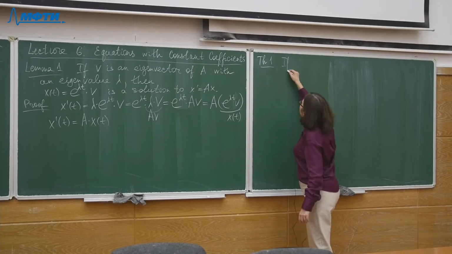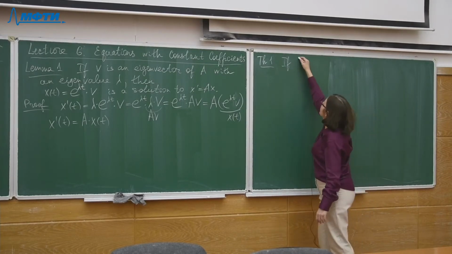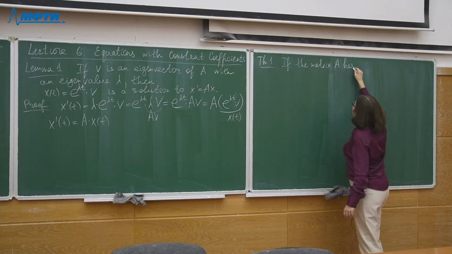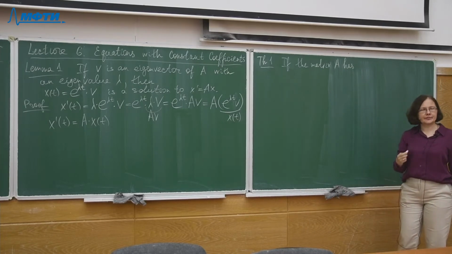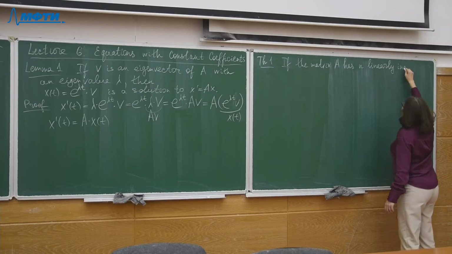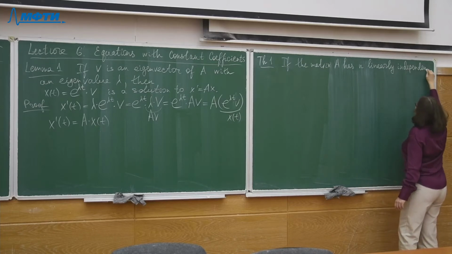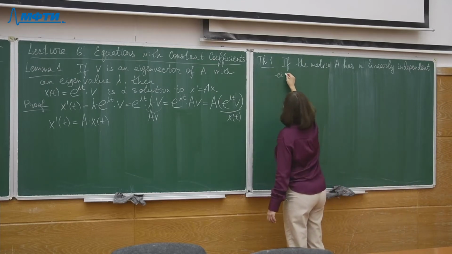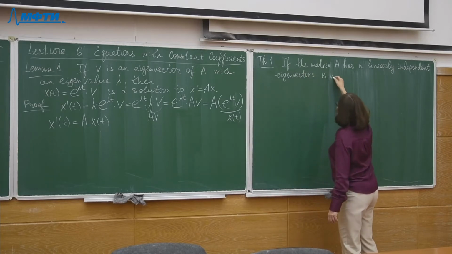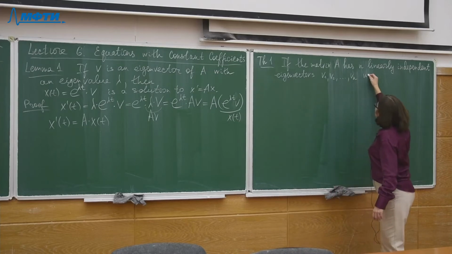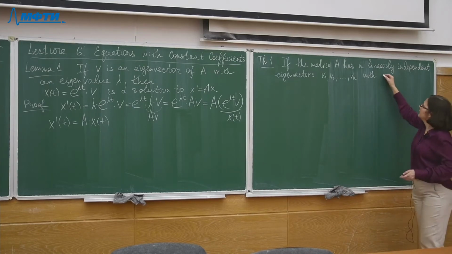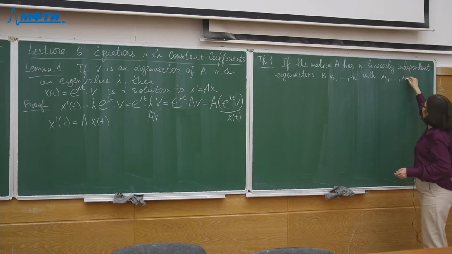If the matrix A has n linearly independent eigenvectors v1, v2, ..., vn, with associated eigenvalues lambda 1, ..., lambda n. They are eigenvalues.